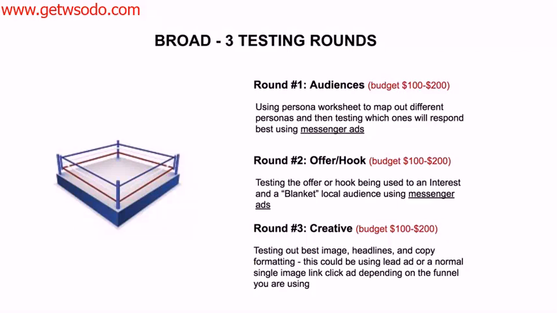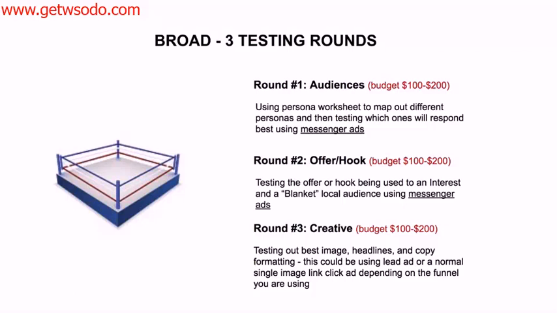Now, in the second round, what we're doing is we're testing out the offer. So, for example, is it that we offer the brides champagne? Is it that if they come in for a test run, one of their bridesmaids gets their hair done for free too? What is the offer that's going to work really well for the brides?